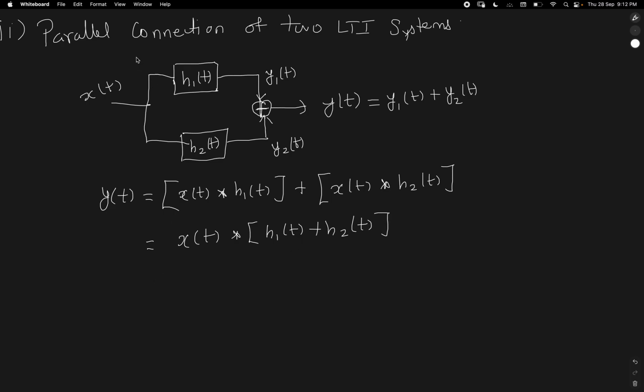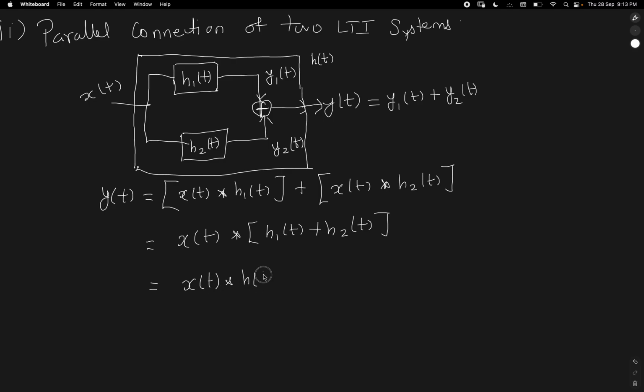If you want to find the overall impulse response for this system, let us consider the overall impulse response as h of t, and this can be mentioned as x of t convolution h of t, where h of t is the overall impulse response of the two systems connected in parallel, which is nothing but h1 of t plus h2 of t.